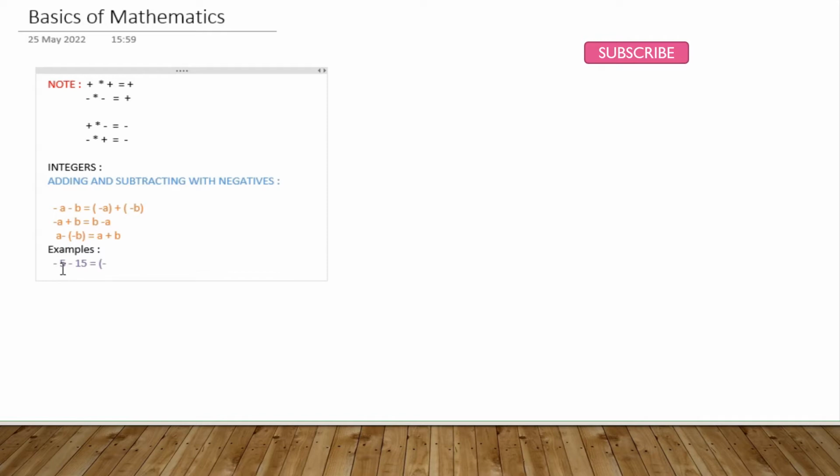In brackets we have to write minus 5 plus brackets minus 15. This means if you write minus 5 or in brackets minus 5, both are the same. Do you understand? We are mentioning why you are getting plus in between.